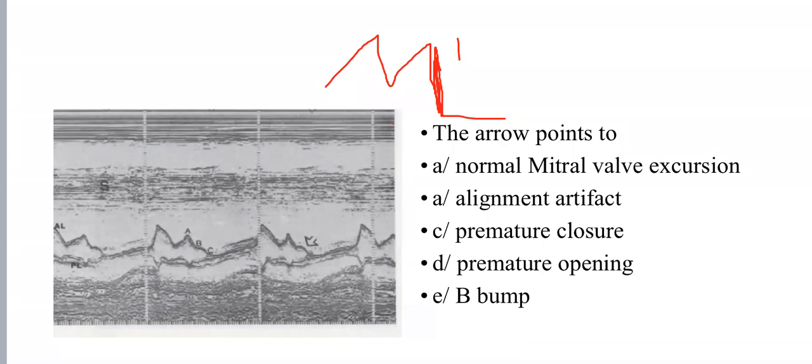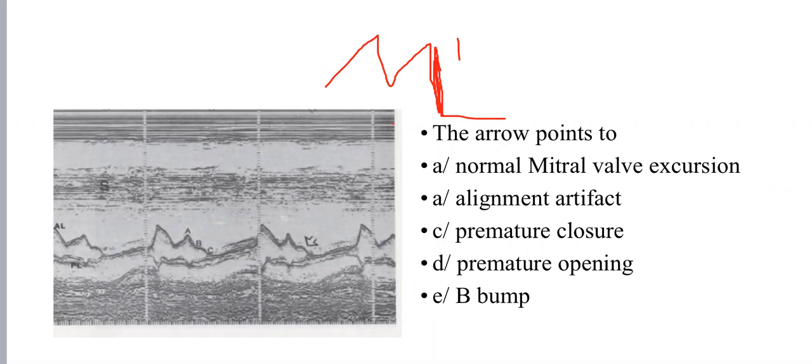Now there is a bump in it. So that AC shoulder, which is supposed to be straight, is interrupted by a brief opening that is called the B bump. And the B bump indicates high LVEDP.